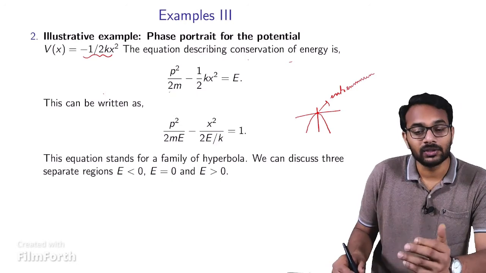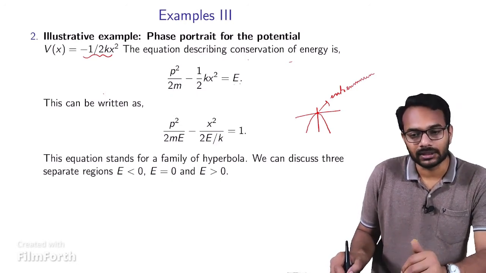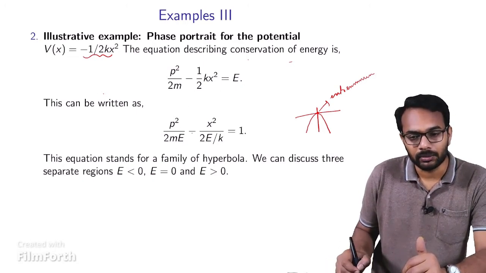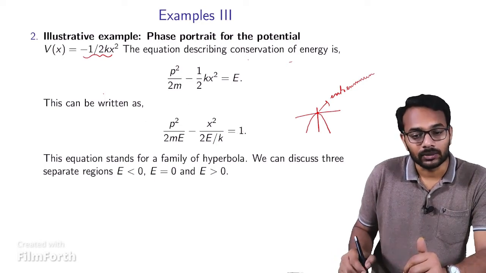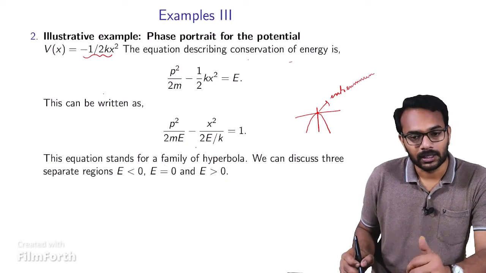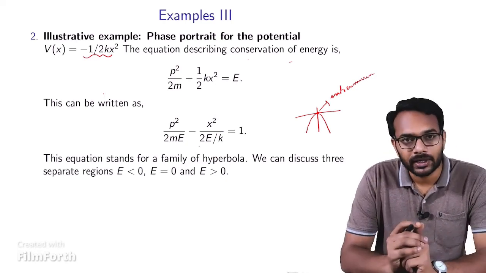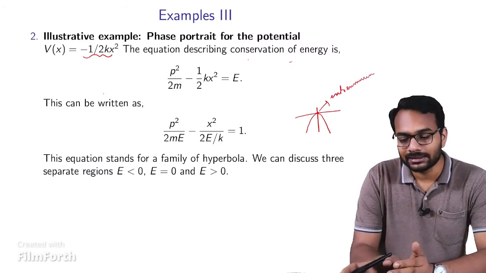So let's look at the conservation of energy: p squared by 2m minus half k x squared is equal to E. From here, p squared by 2m minus x squared by 2E/k is equal to 1. This equation stands for a family of hyperbolas, so the plots we are going to get are a family of hyperbolas for different values of energy. But without using this, let's see how we can plot it actually.